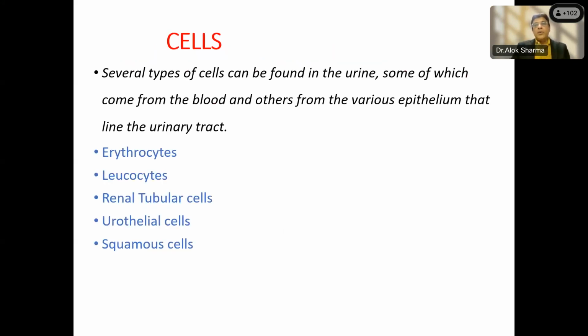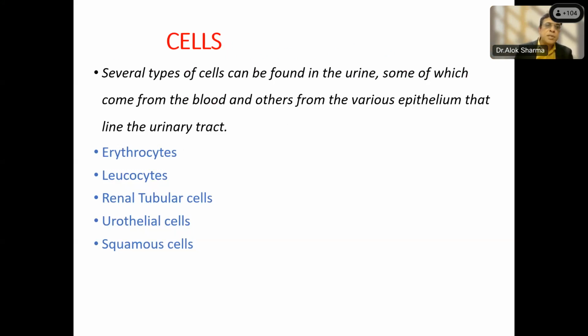Now, coming to cells, it's obvious you can have a large number of various types of cells in the urine. Some of these cells come from the blood, and they can even come from the various epithelial linings of the urinary tract. Wherever the urine passes through, these cellular elements can get shed and appear in the urine sediment examination.